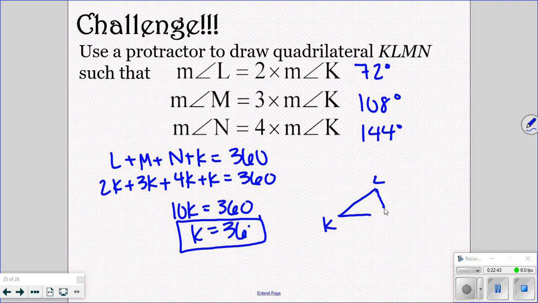And then M is obtuse and N is obtuse. So that's as good as I can do it freehanding it. I wish I could use a protractor on the computer to do it, but it should look something like that. It kind of looks like a trapezoid, but it's not going to be because the sides aren't parallel. But that's how you would go about finding your angles before you actually graphed it.